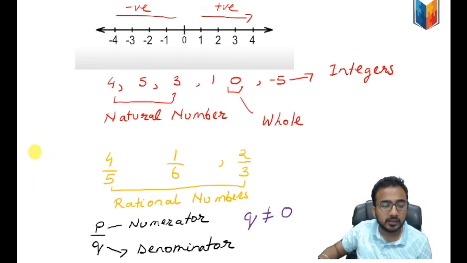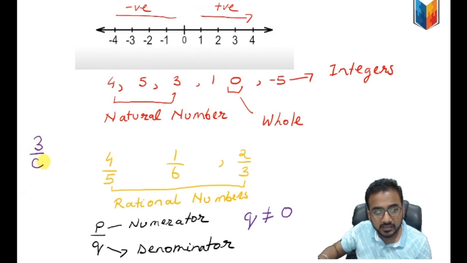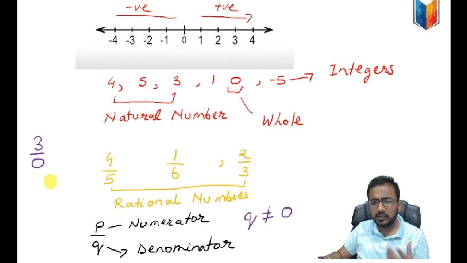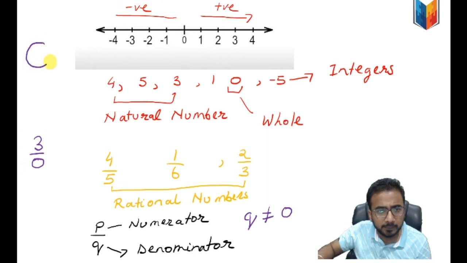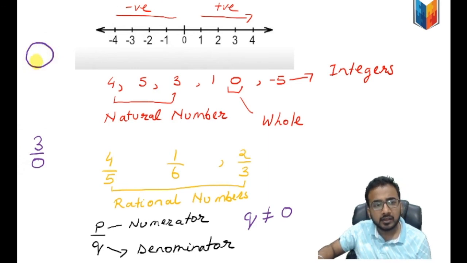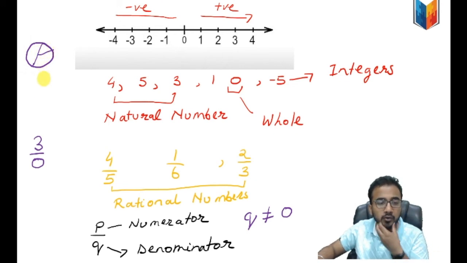Because Q will not be 0. Suppose if I write, students, 3 by 0. अब 0 है. एक simple सा example है कि suppose you have a pizza where there are 3 slices, 1, 2, and suppose one more slice is there. Here it has become 4.